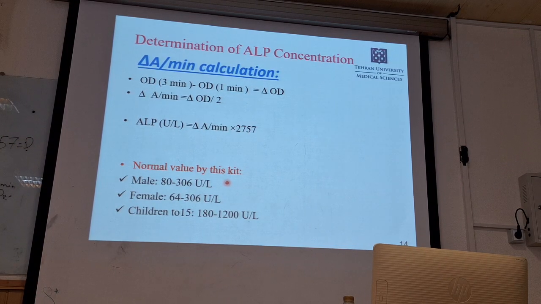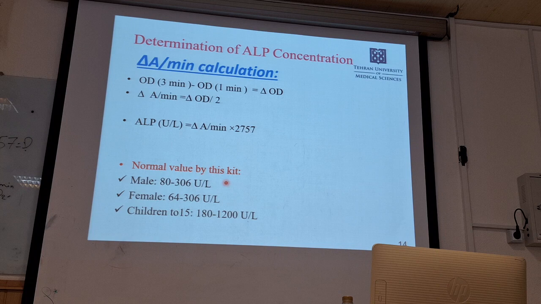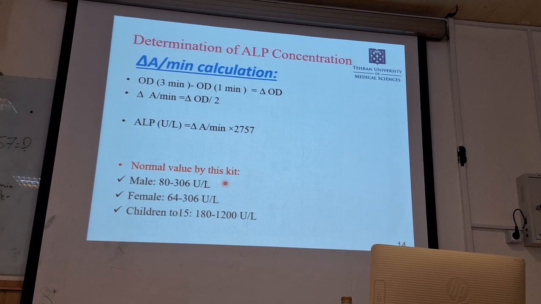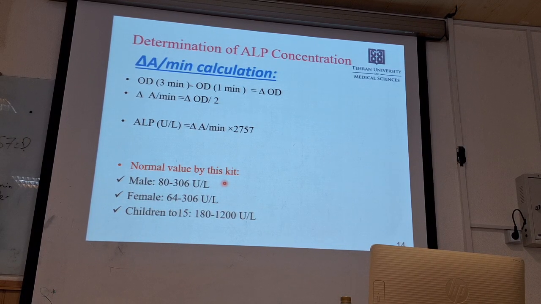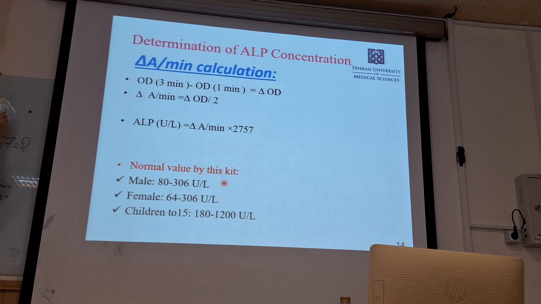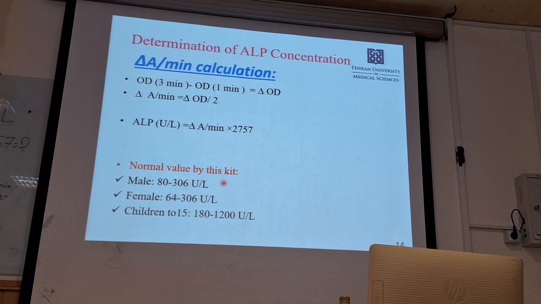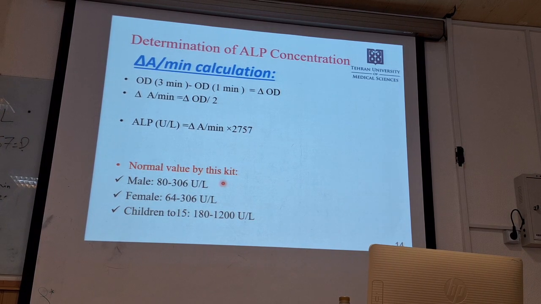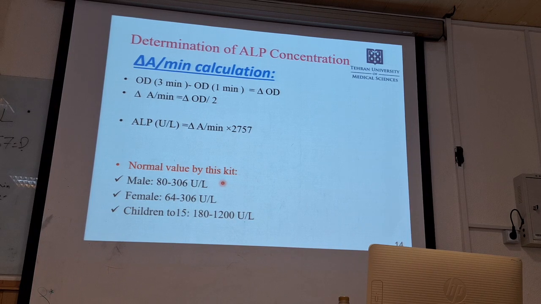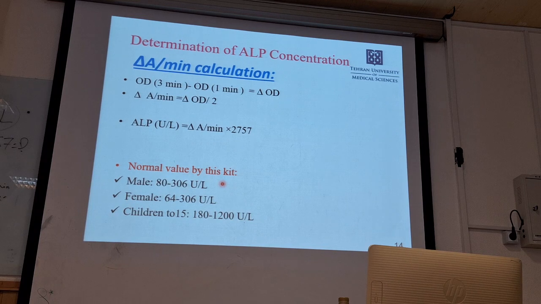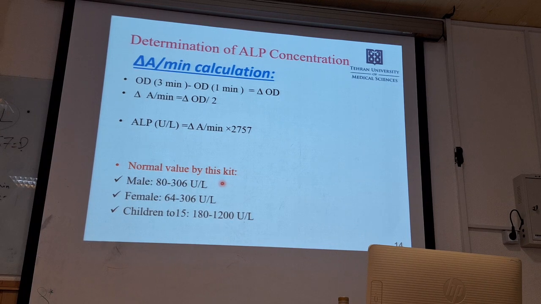And please, whenever you write your result, you should put the units. It is unit per liter, and in some laboratories they report it as international unit. Without unit, you cannot get the mark. Okay? Please write the formula in your paper, and also, for example, maybe you reported 99 units or international units per liter.